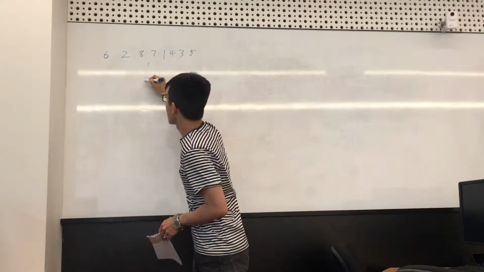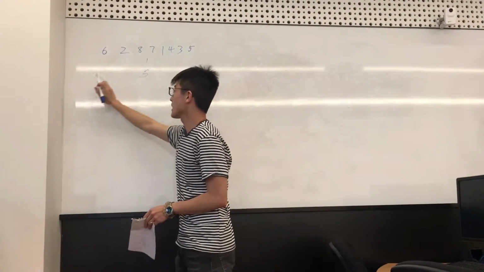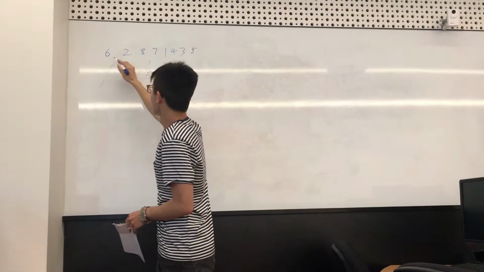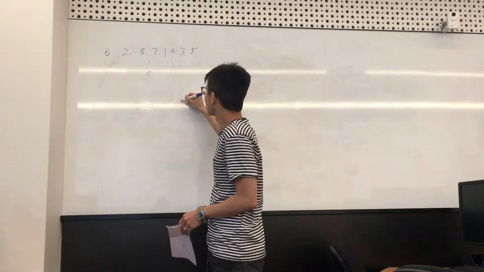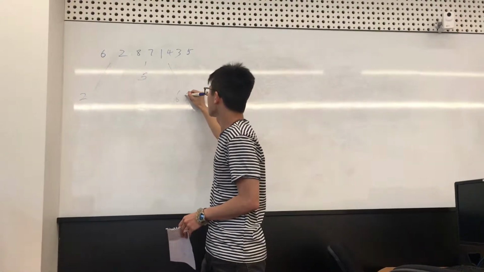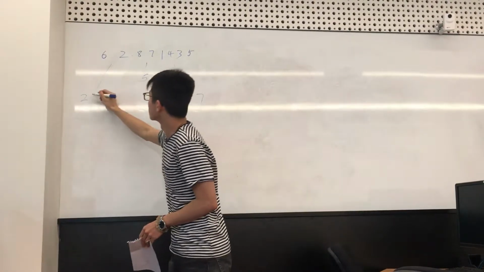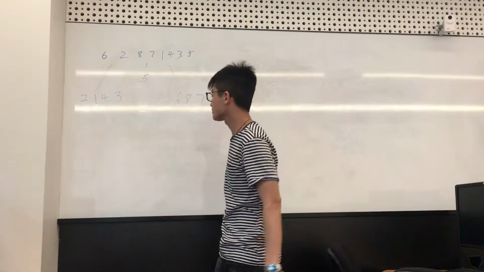I use this 5 as the pivot, and put the smaller numbers on the left side. We will find 6 is bigger than 5. Okay, put 6 on the right side. 2 is smaller, 8 is bigger, 7 is bigger, and 1 is smaller, 4 is smaller, 3 is smaller.